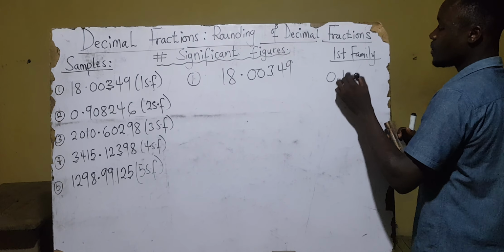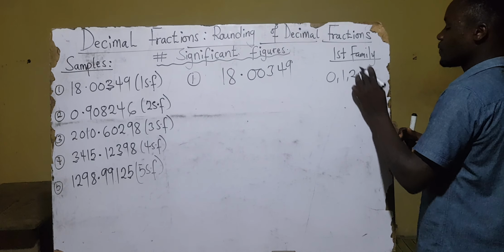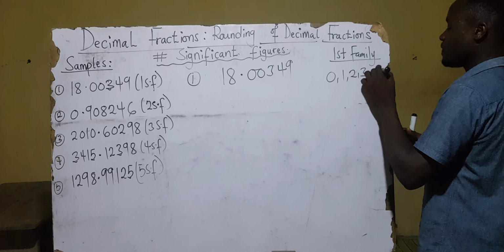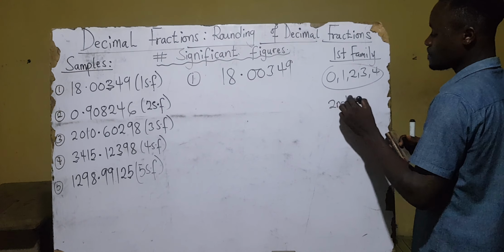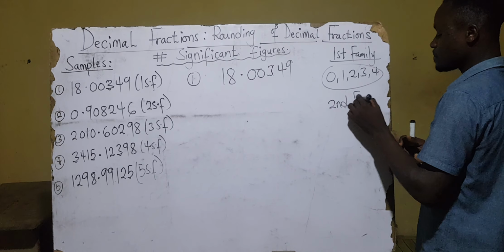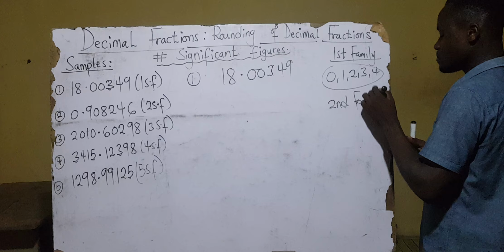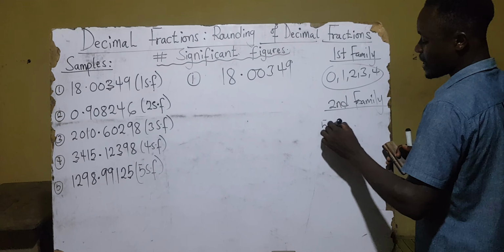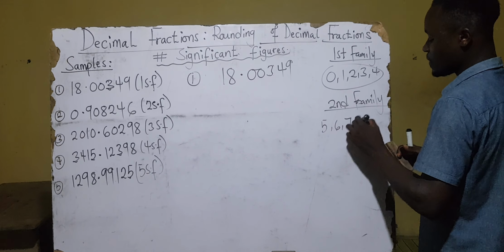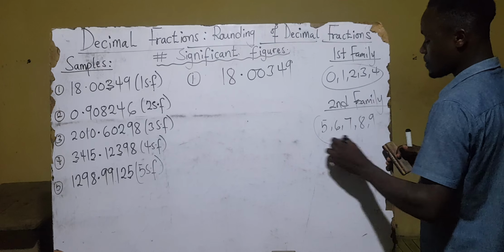So 0, 1, 2, 3, and then 4 as my first family. I have the second family, which includes my 5, 6, 7, 8, and 9.